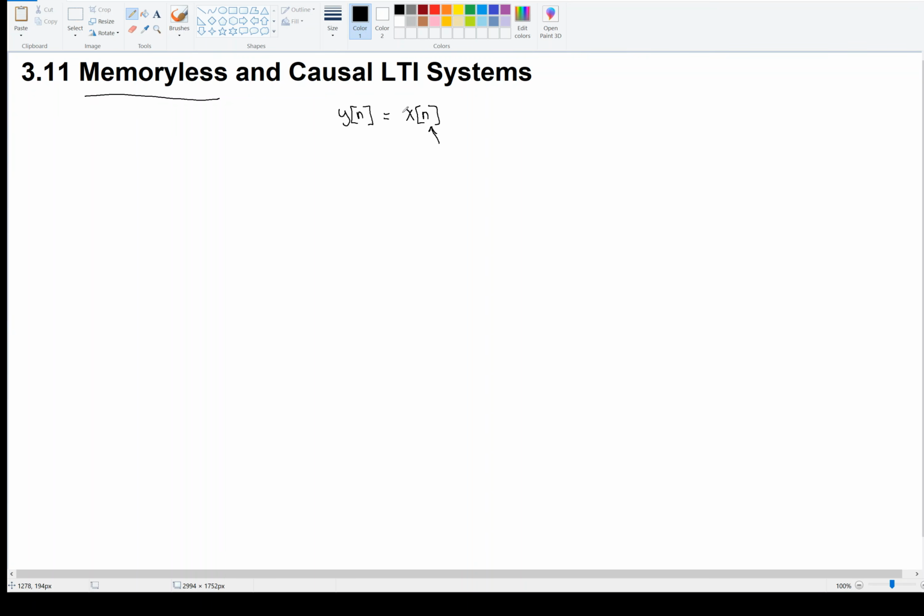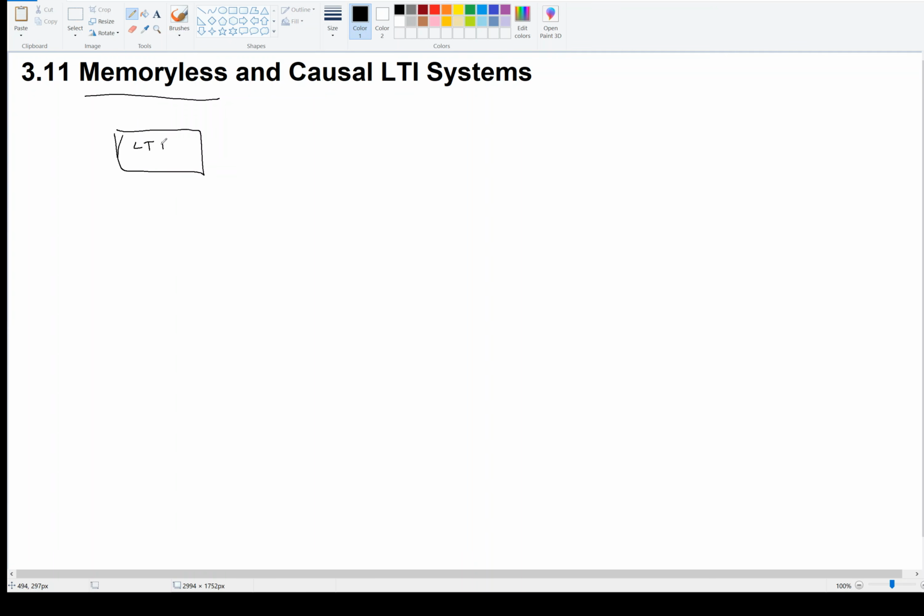Okay, we can have constants out in front, we can square it if we want, we can add constants, we can add the linear term, whatever, but it can only depend on x of n. It can't depend on future values of x, and it cannot depend on past values of x.